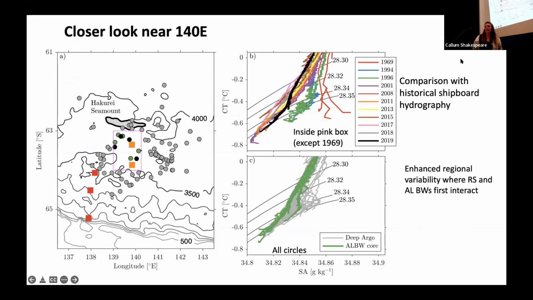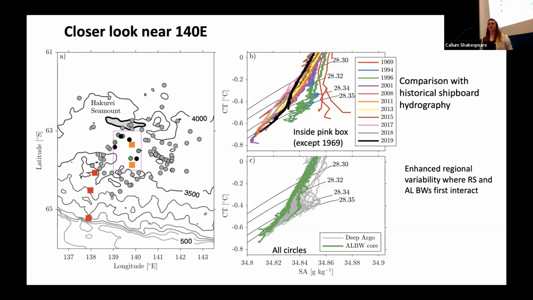We can do the same thing near 140, where we also have a lot of repeat shipboard hydrography. It's probably a pretty messy plot, but it's similar to the one I just showed, where the top right is just inside that box between this, I'm going to horribly mispronounce it, Hakure seamount and the continental slope, which has historically been where they found the strongest signal of Adelie Land bottom water.